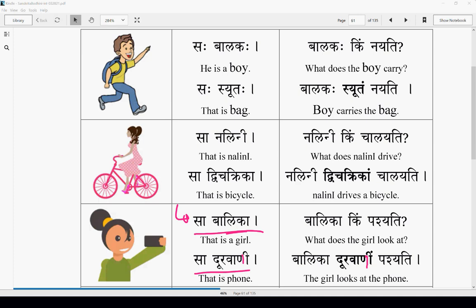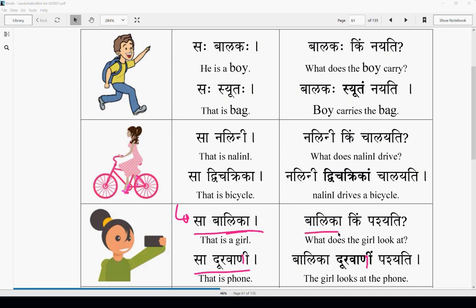Whose Duravani? Because Balika is the answer we want, that we know it is a Strilinga, so we use Kasyaha Duravani. So the answer is, in Shashti Vibhakti, Balikayaha Duravani. Uttam.